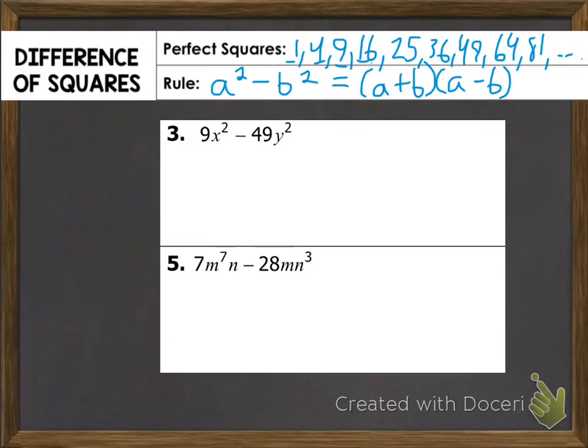So with this, essentially I just want to split each of these terms in half. So thankfully 9 and 49 are both perfect squares. So let me go ahead and make my parentheses here. And we know that we want one positive and one negative. So let's split up that 9x squared first.